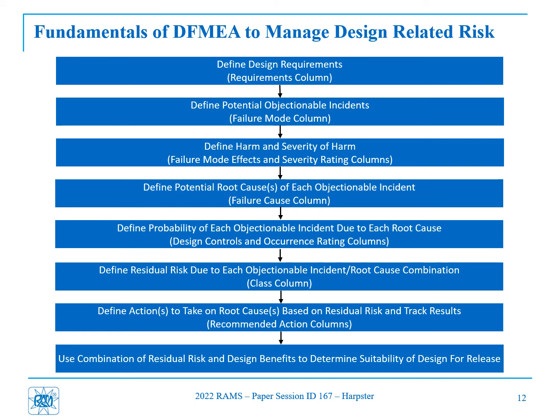The next thing we have to do is for each of those objectionable incidents, we have to define the possible harms and severity of the harms. Now, an individual incident can have many different types of harms with different severities. The original FMEA practitioners tried to define for each of the individual objectionable incidents or failures of the product all the different harms and all the different severities, and what they realized, there were so many of them they couldn't do it.